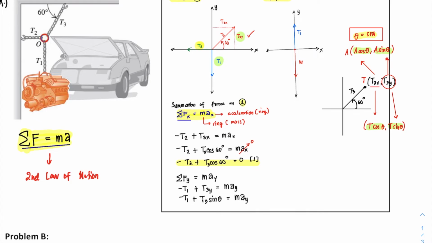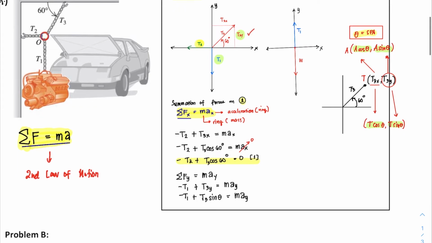Now, the next question, is there any acceleration along the y-axis? Or is the ring in this matter moving along the y-axis with an acceleration? Clearly, it's not moving because it's static.